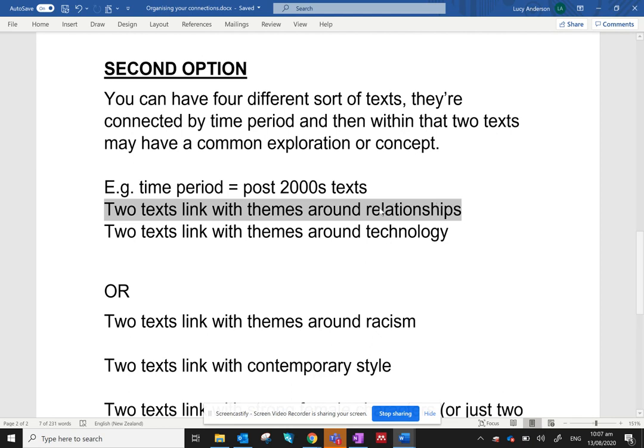So yeah, by having two and two, you can compare the text as well, which is really handy, and you can look at how the time period impacts that and whether one of them was produced in 2018, but one of them was produced at the beginning of 2000 and how that changes.